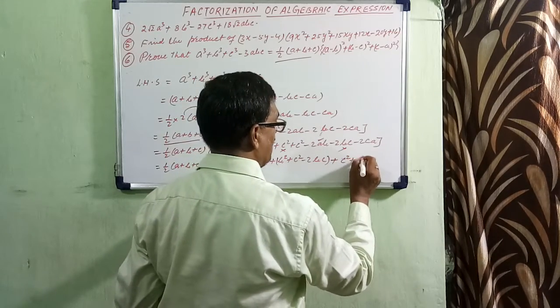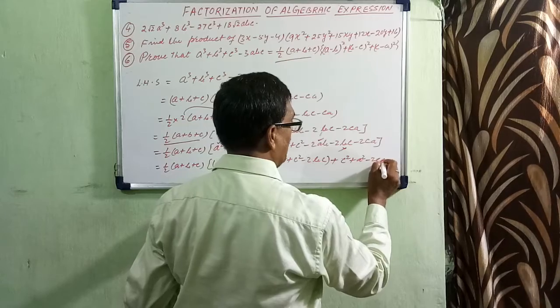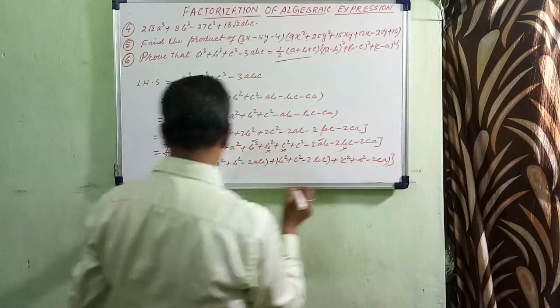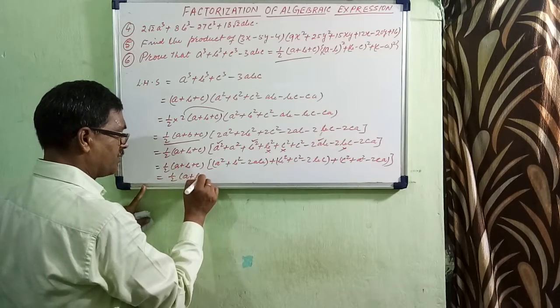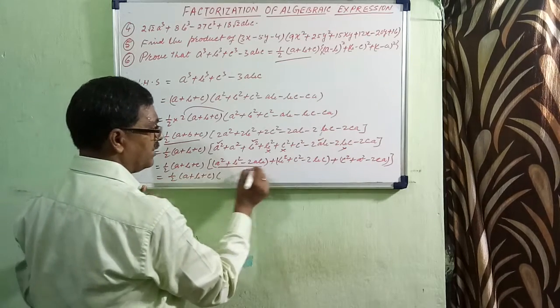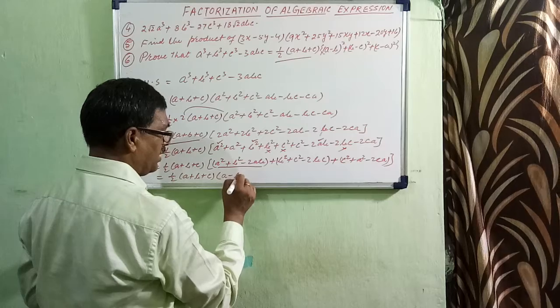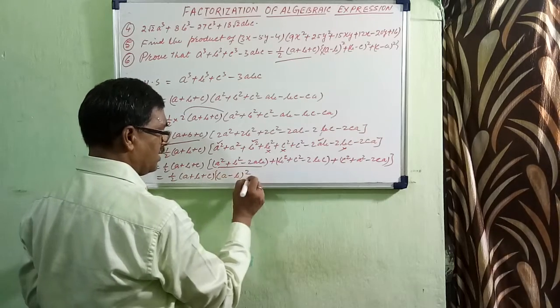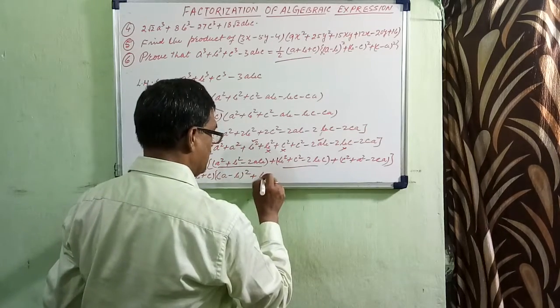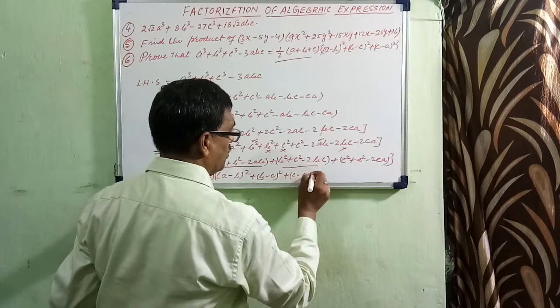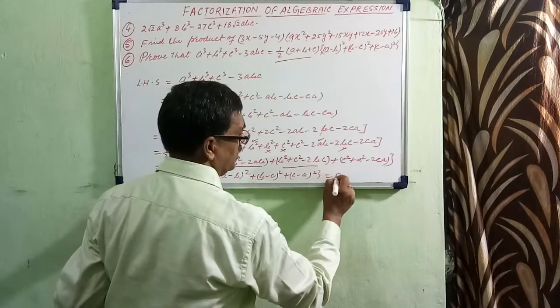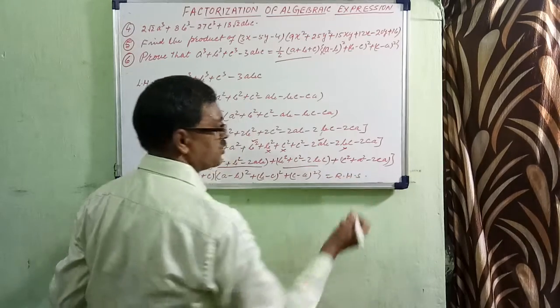C square plus A square minus 2CA. And when you look at it, aren't you able to get the result that was asked here? (A plus B plus C) into this will be (A minus B) whole square plus (B minus C) whole square plus (C minus A) whole square, and that is your RHS. So this was to be done.